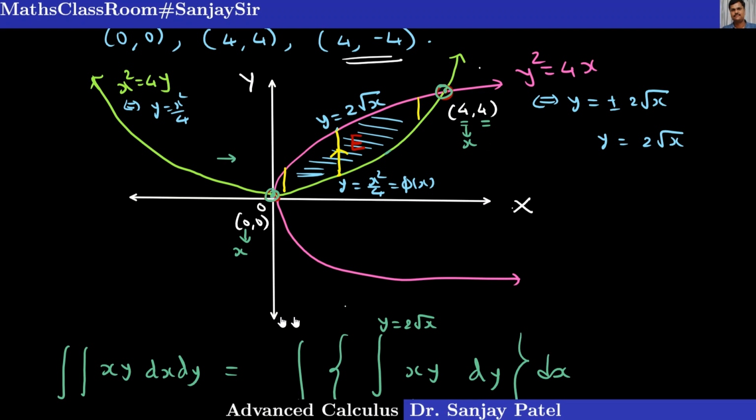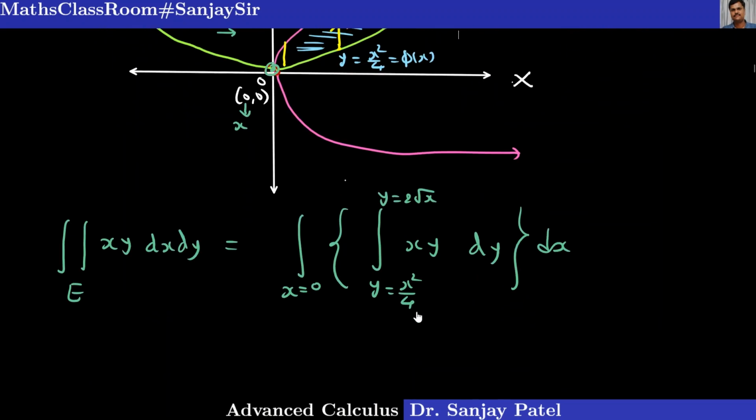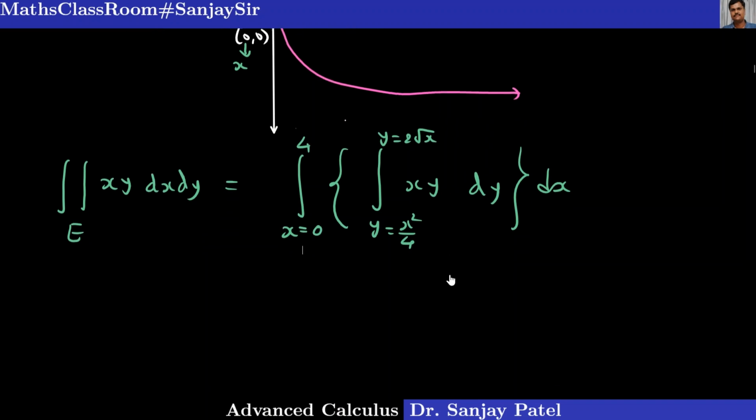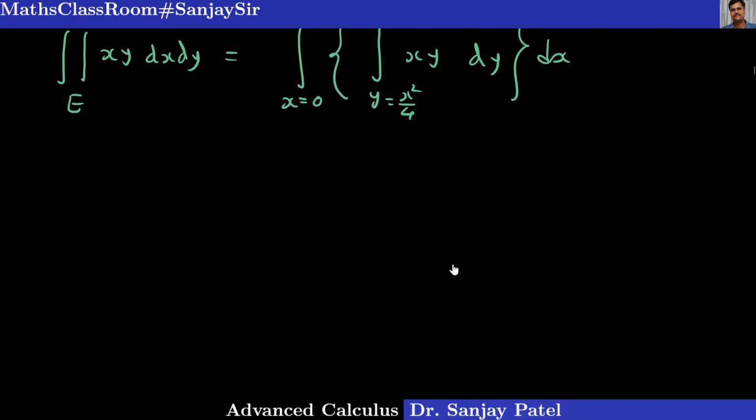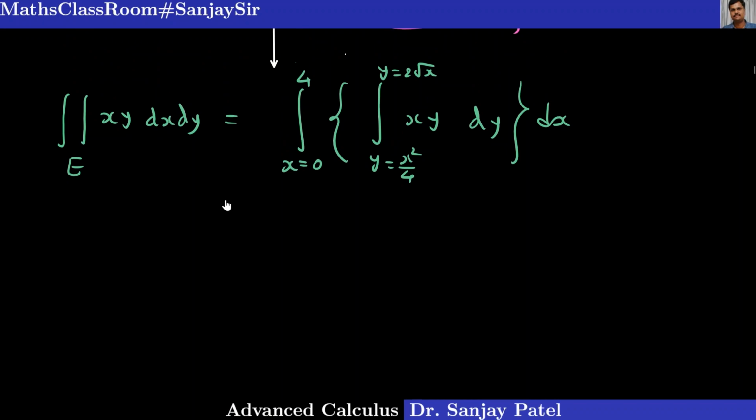So in our double integration, the limits of x are x is equal to 0 to x is equal to 4. This is 0 and the upper limit is 4. So it becomes a simple problem of integration now. So let us integrate this.